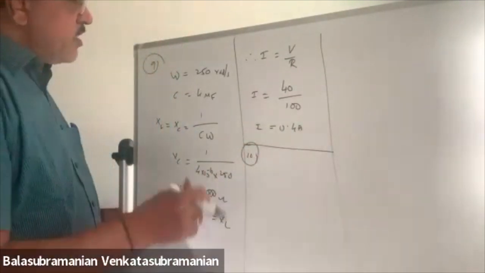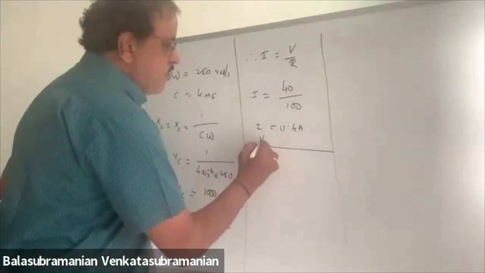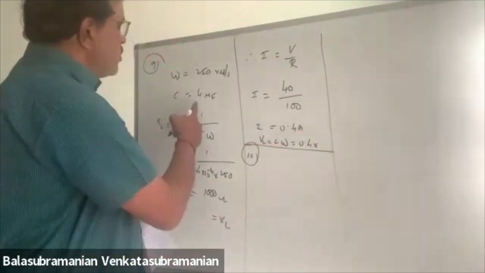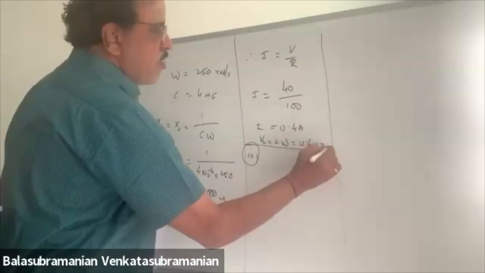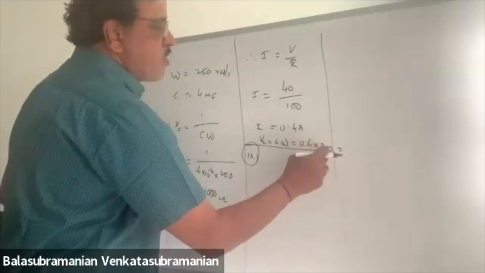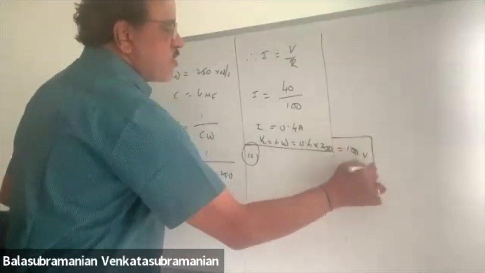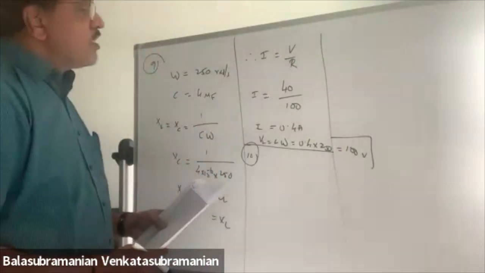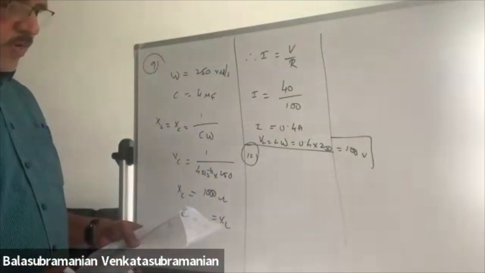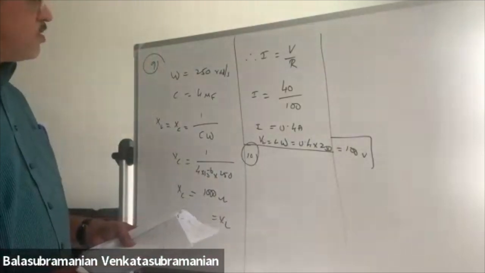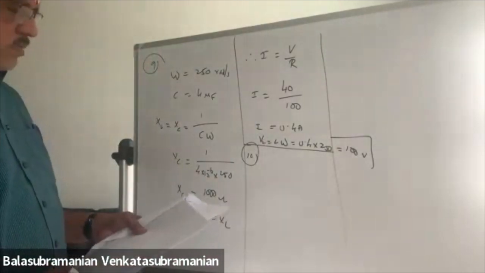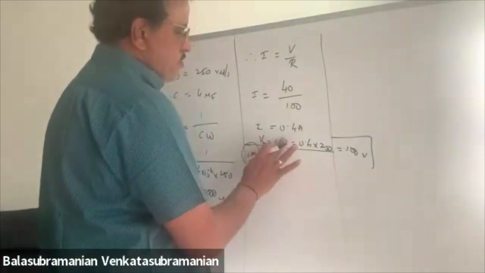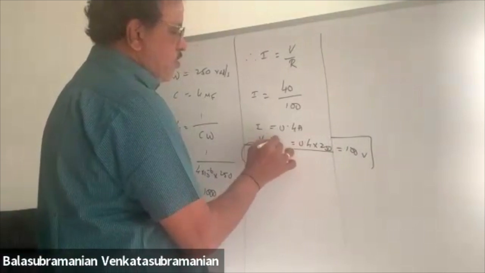What is the voltage across L is also asked. VL is equal to I into XL.